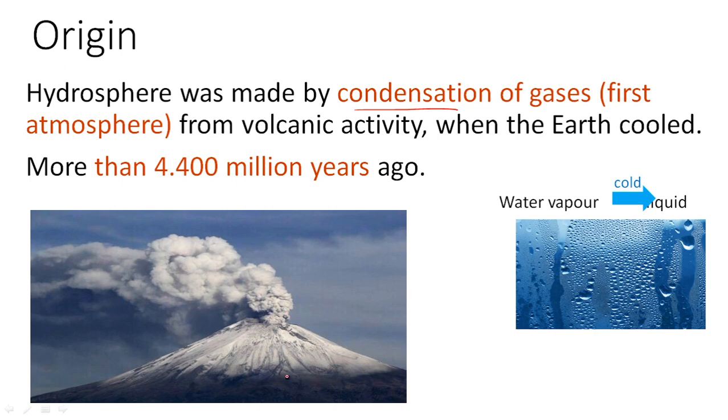With time, about 3.5 billion years ago, the first photosynthetic organisms appeared in the planet. And that was very important because they took CO2 from the atmosphere and produced oxygen.